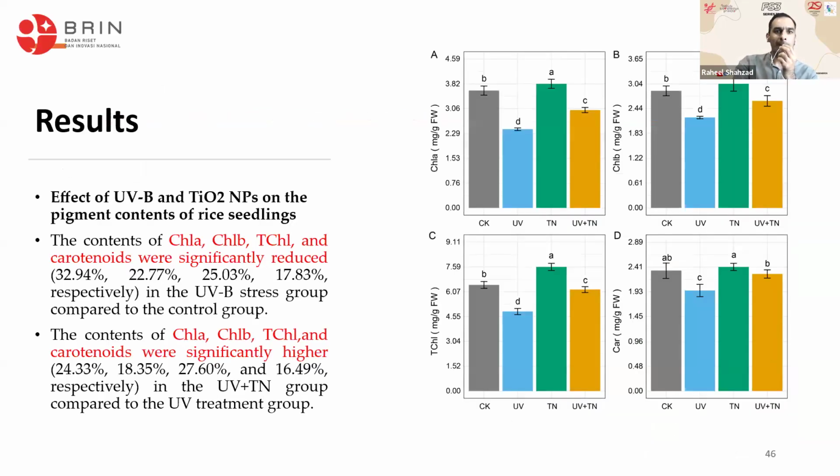And if we talk about the chlorophyll pigment contents, it was obviously decreased in the UVB stress group, but then it was significantly higher in the group which received the stress treatment and after that the nanoparticle treatment. So we call it UV plus TN.